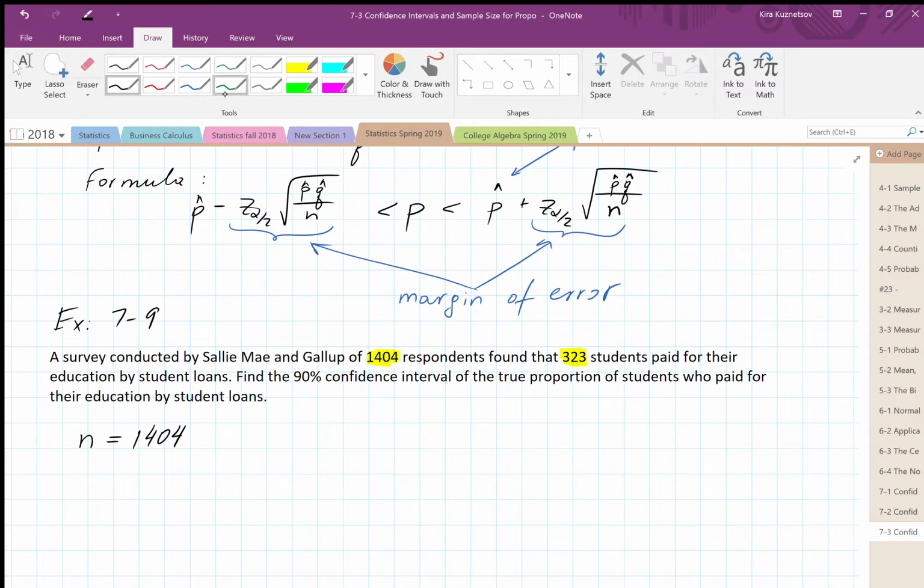So this, I'll underline this with blue. Students paid for their education by student loan. That's my quote-unquote success.